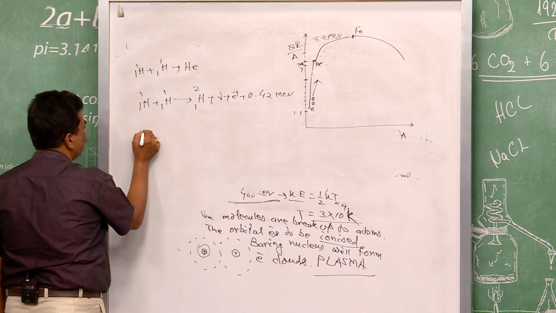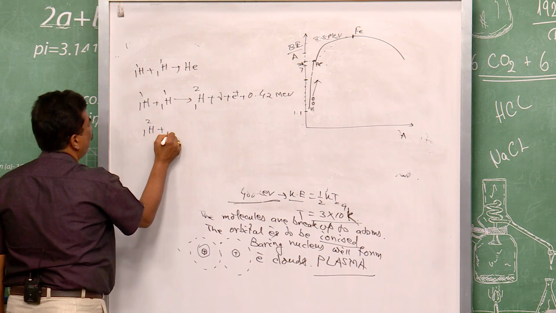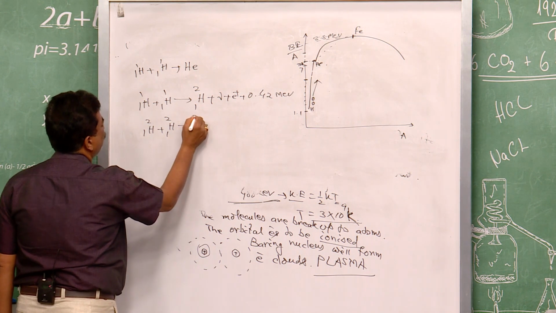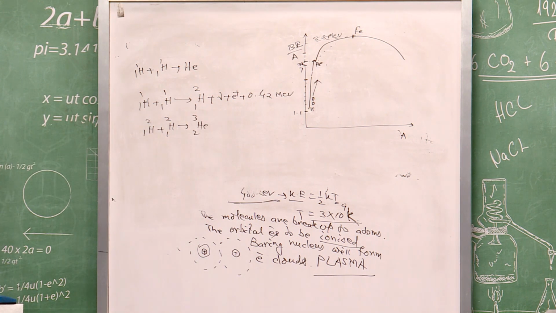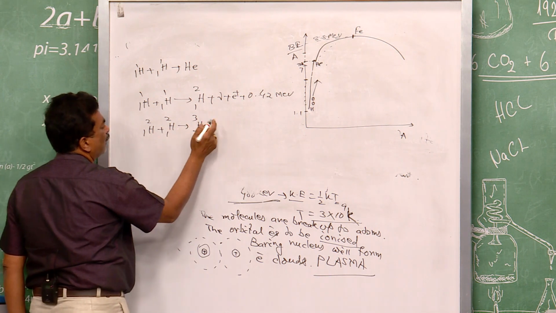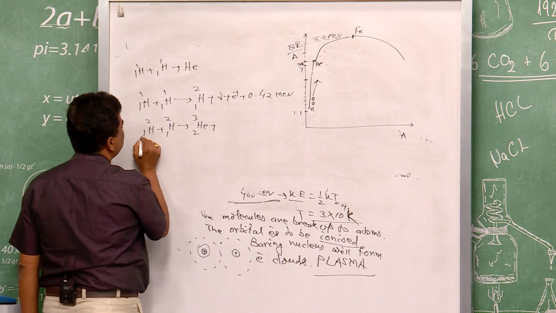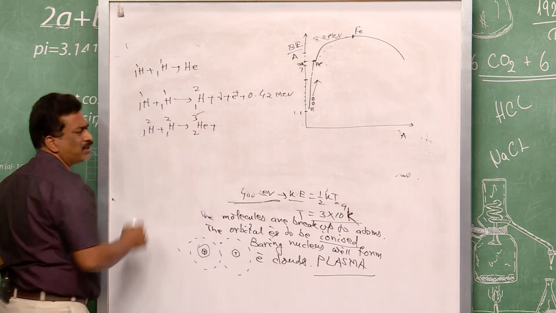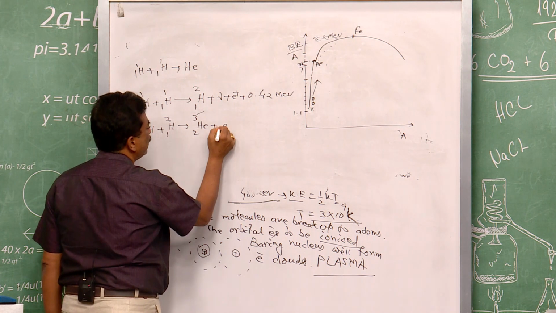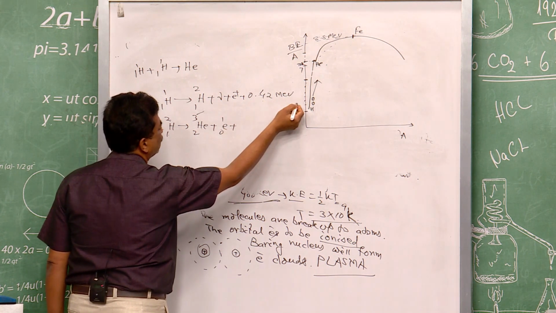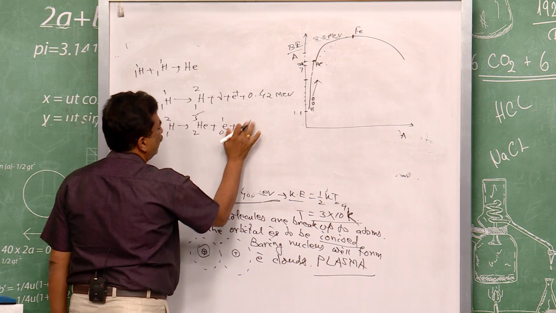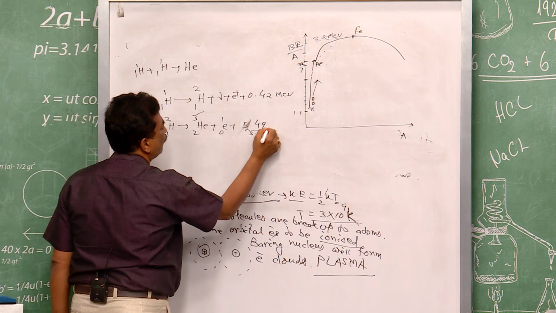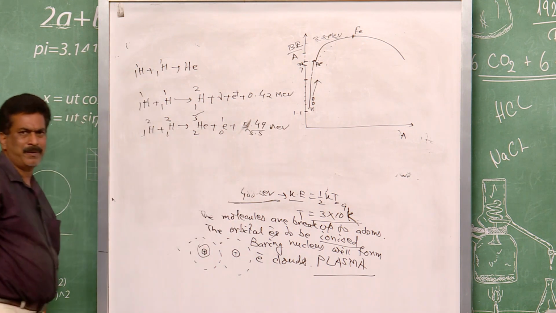Again this 1H2 with 1H2 gives you 2He3. Here 1 plus 1 is 2, 2 plus 2 is 4, that equals 3. This is with the release of some energy equal to 5.49, or approximately 5.5 MeV.